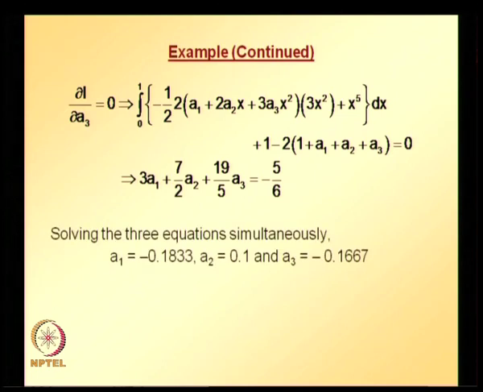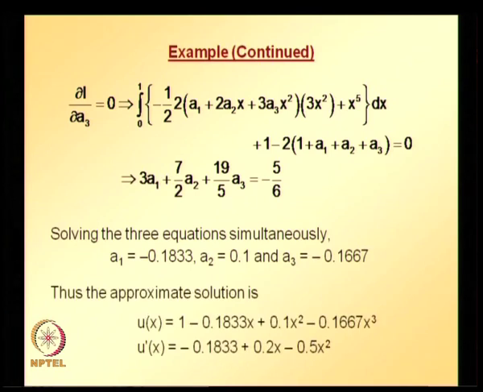Once we get the values of A1, A2, A3, you can go back to your admissible cubic trial solution and substitute the values you got for A1, A2 and A3, and then you get the approximate solution. You can take its derivative, and you get the derivative of the approximate solution. Okay.